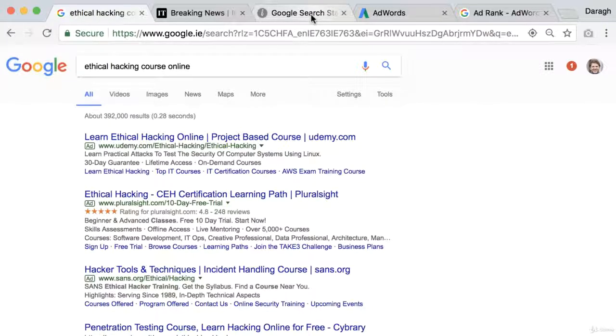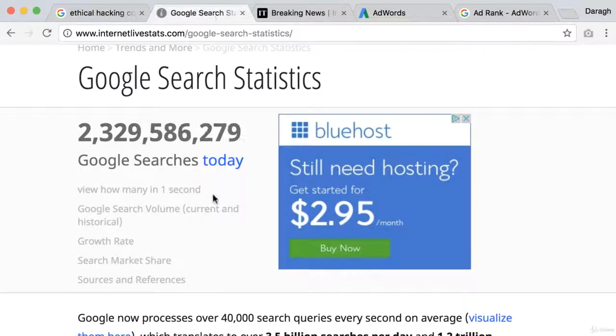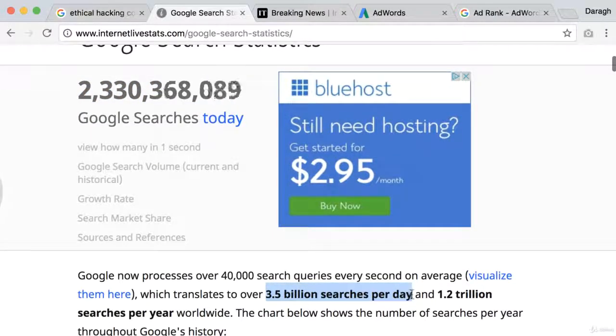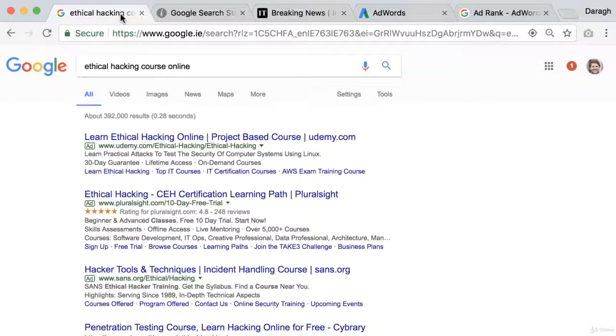And if you want to get a sense of the scale of how many advertising slots they've got, you can see on this Internet Live Stats website that Google gets over 3.5 billion searches per day. This is a live counter of it here.